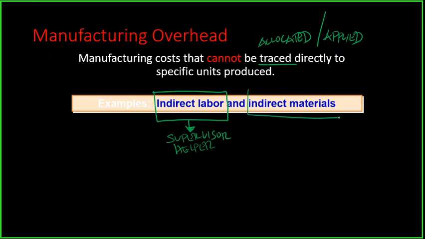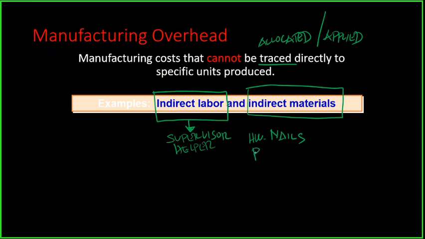And then you also have your indirect materials. When we say indirect materials, example for this will be your hardware, nails. And then, what do you use for coloring?